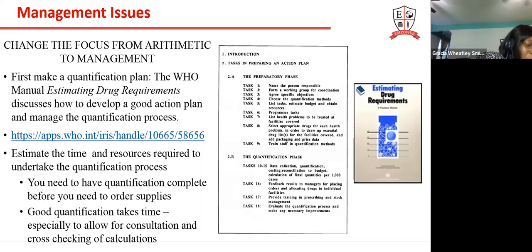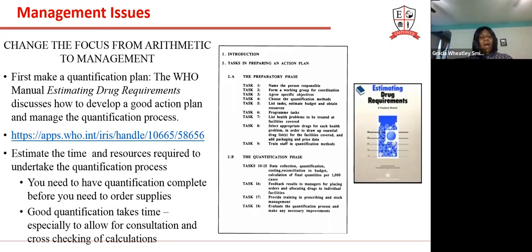So do we have management issues? Of course. So let us change the focus from mere arithmetic to also management. If we remember the chart that we had with all the pharmacists in the whirlpool, they were accurately, practically and efficiently managing, navigating that whirlpool to produce top quantification.